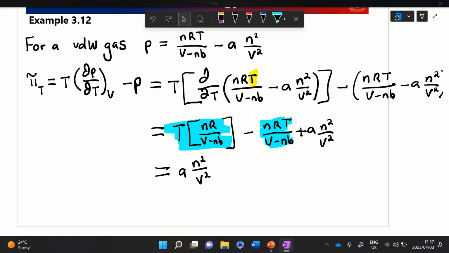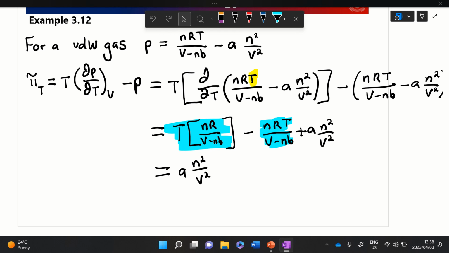That gives us that for an isothermal expansion of a van der Waals gas, the internal energy would actually increase, contrary to an ideal gas, where there won't be any change. So just an interesting fact.